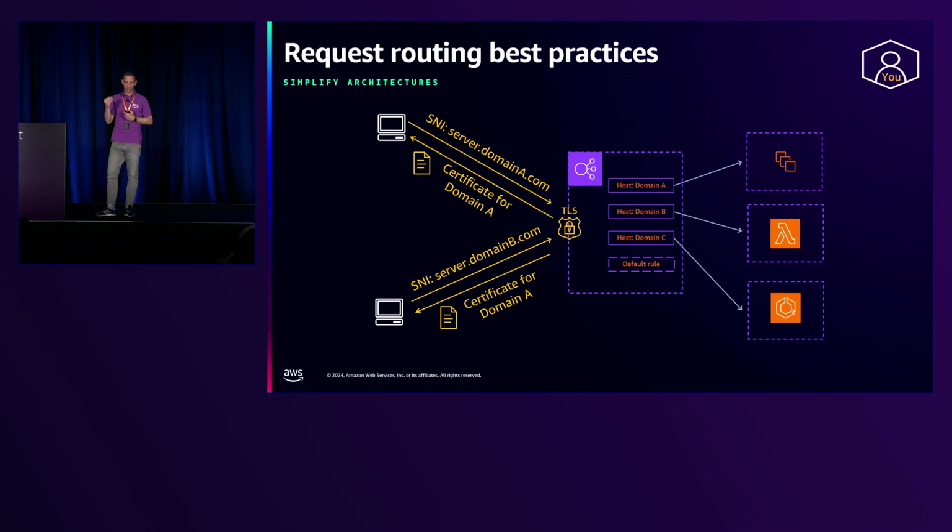And again, in this information, it is included the host name that the client is trying to access. So checking this information, the ELB will present the right certificate to the client, allowing customers to use a single load balancer to serve traffic to multiple domains, also when the HTTPS is needed.